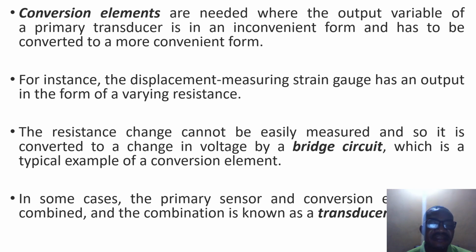The resistance change cannot be easily measured, so we often use a bridge circuit, which is a typical example of a conversion element. In some cases, the primary sensor and conversion element are combined, and the combination is known as a transducer.